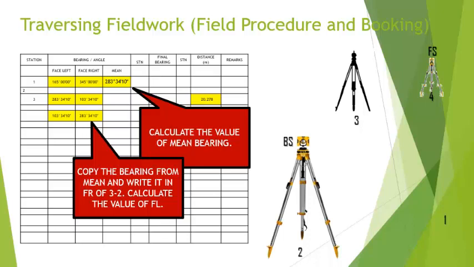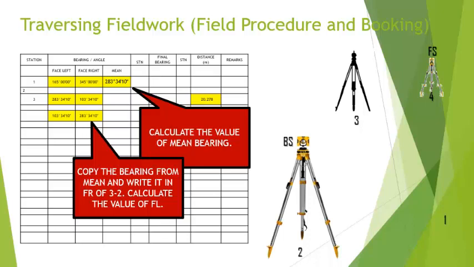Otherwise, minus 180 degrees if the face right bearing is bigger. Then calculate the average simply by adding both bearings and dividing by 2. Place the value at the mean bearing column and also at the face right of the new station.